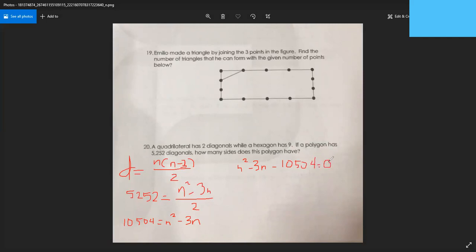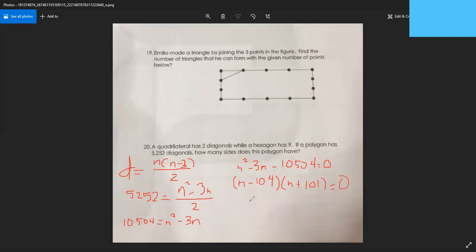If you do factoring here, what we will have now is n minus 104 times n plus 101 is equal to 0.